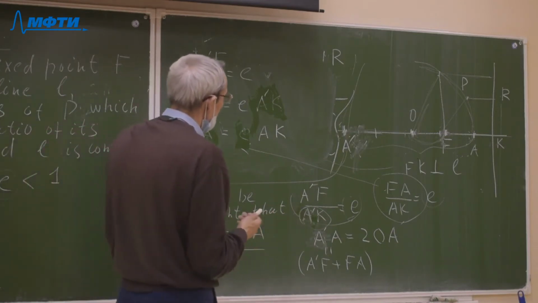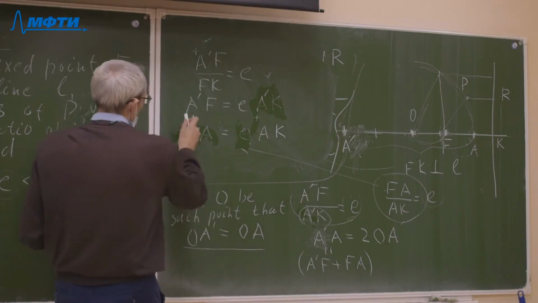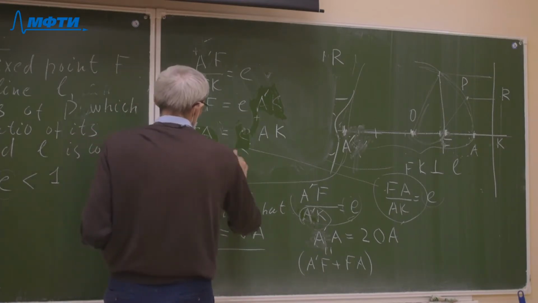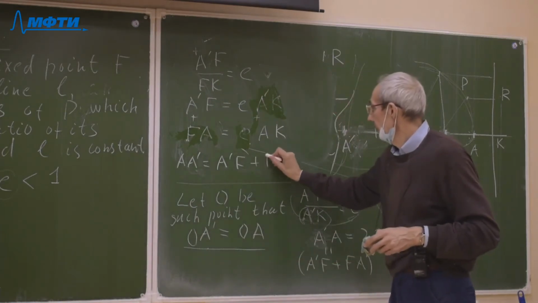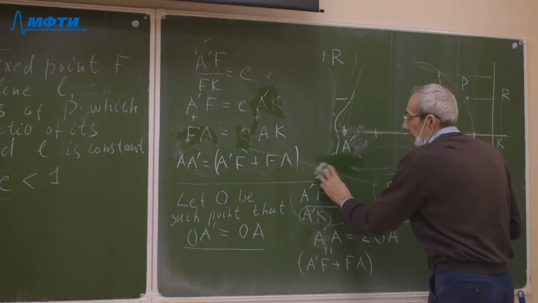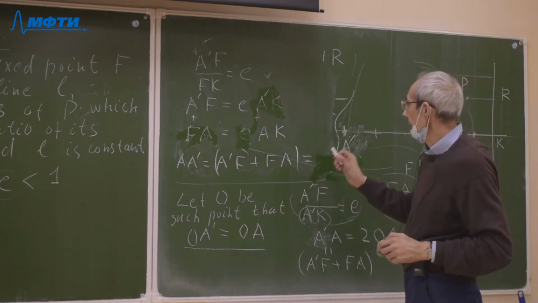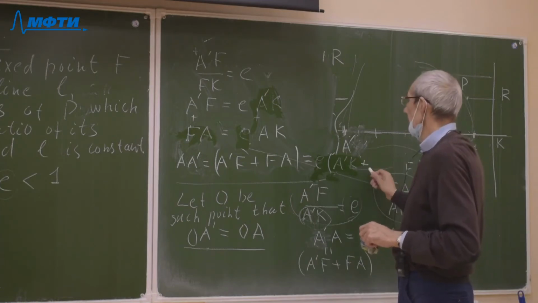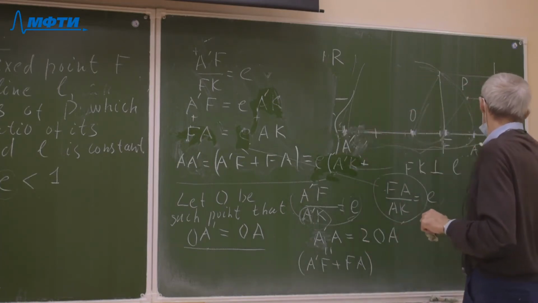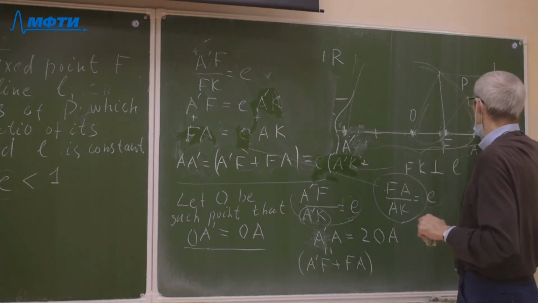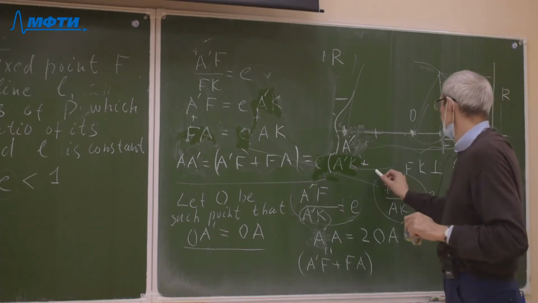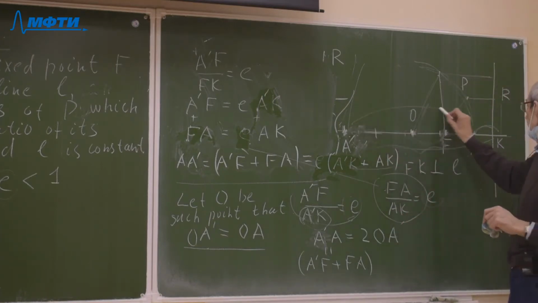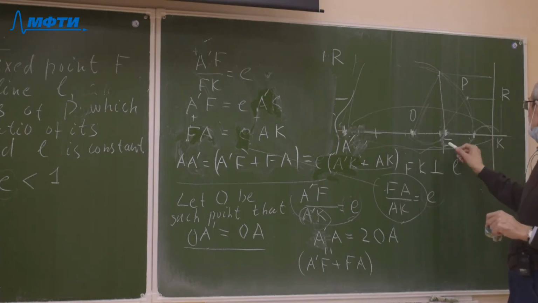And we can add this one and this one: A prime F plus FA is equal to E times (A prime K plus AK).